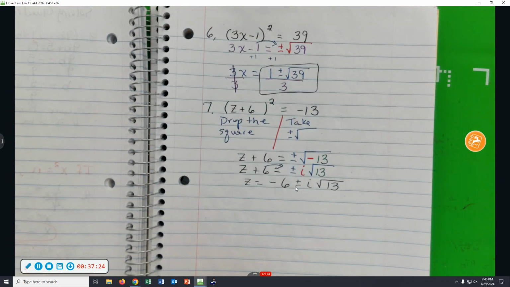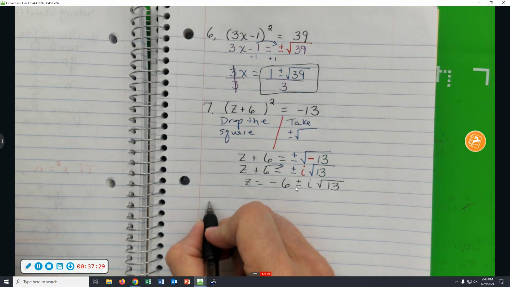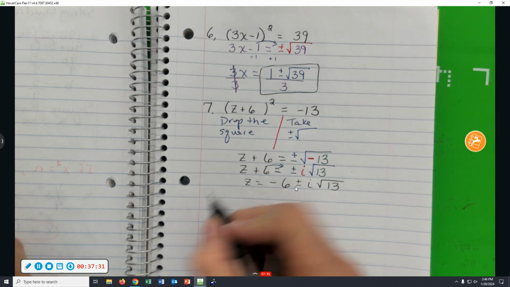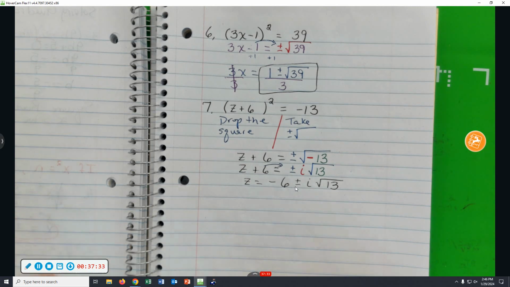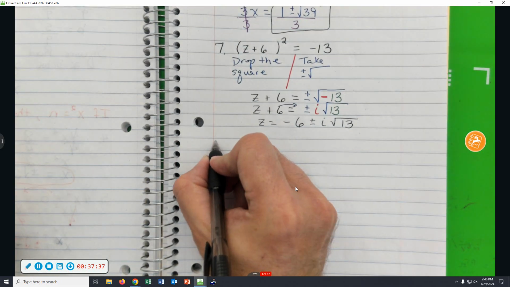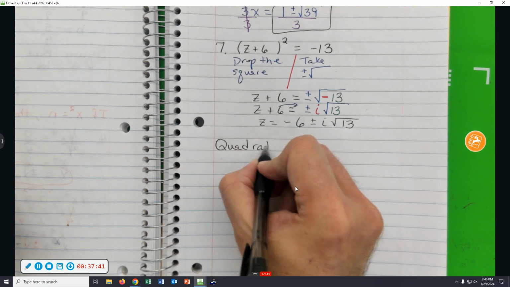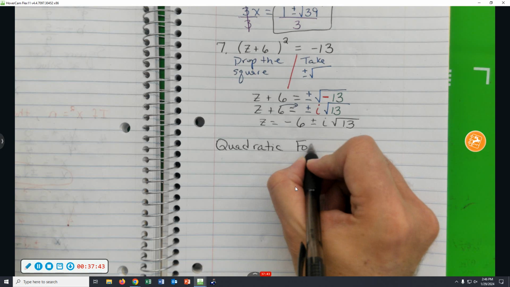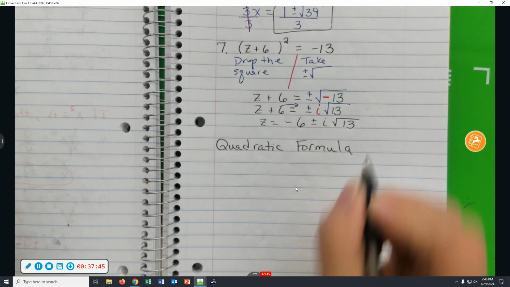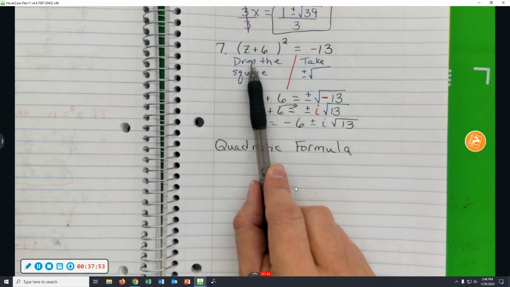Here's a question. I'd rather write in a question. I think I'm just going to write out the quadratic formula. The quadratic formula is used if you can't factor it, or if it's not one that's in the form for a square root property.